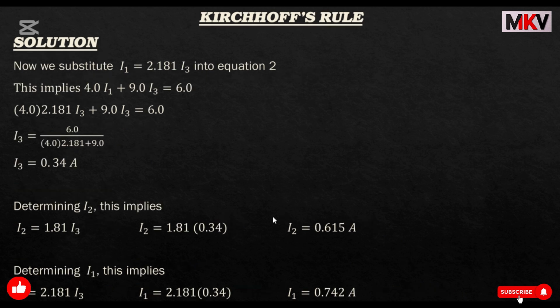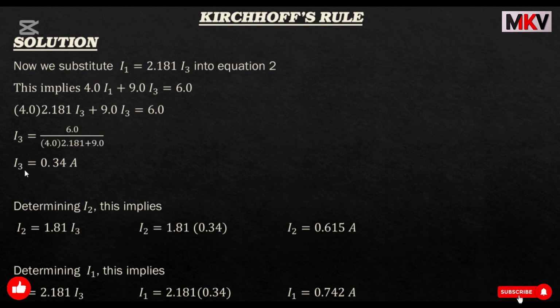Now we substitute I1, which is equal to 2.181 I3, into equation 2. So we have an I1 here, so substitute it into this area. Then we multiply it by 4. We make I3 the subject, then we divide through by that. Therefore, I3 is equal to 0.34 ampere.